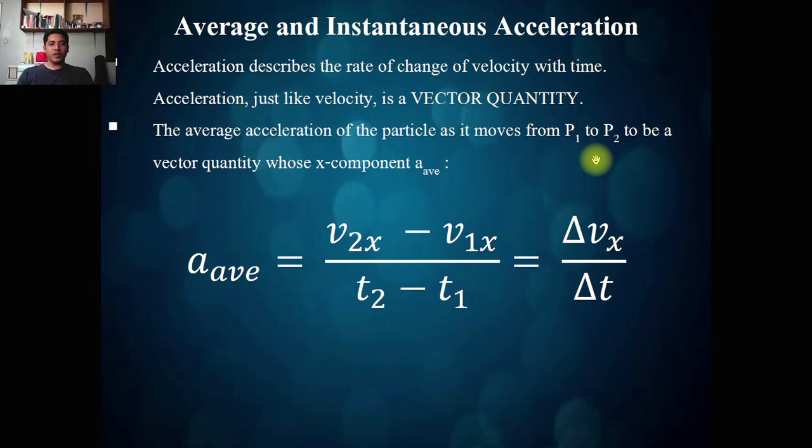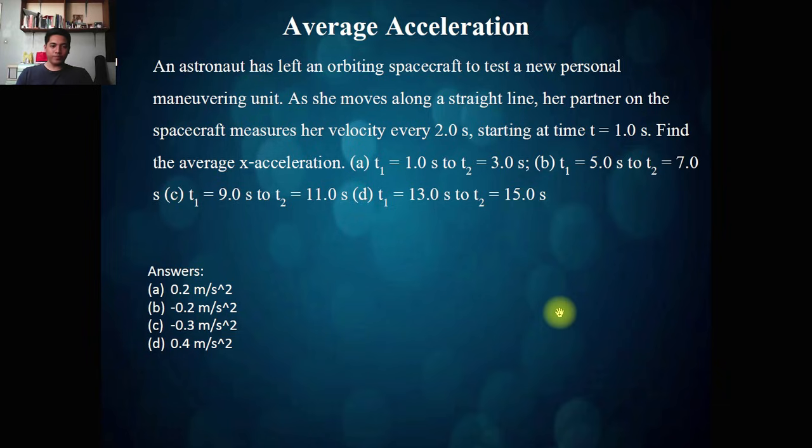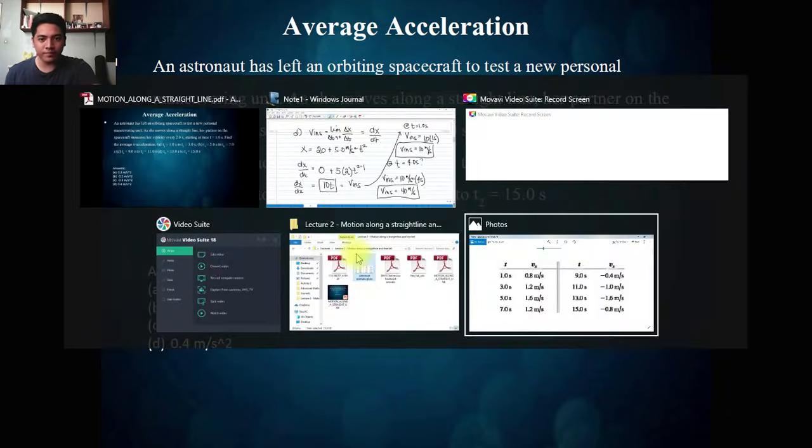So the average acceleration of the particle as it moves from t1 to t2 is a vector quantity whose x component a ave is given by the equation v2x minus v1x divided by t2 minus t1, or in other words, delta vx, the change in velocity along x, divided by delta t. That's very simple. So in this example, I will show you the given.